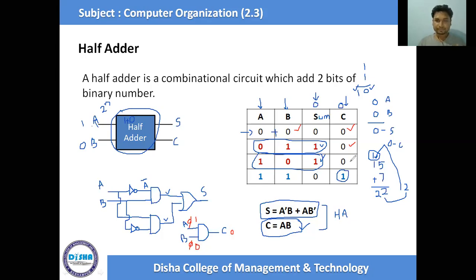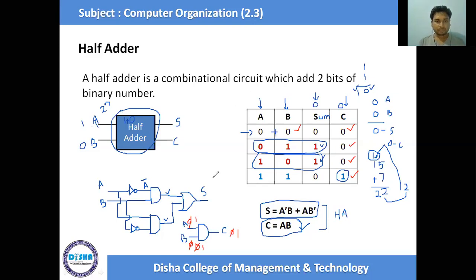But for the last input sequence, A equals 1 and B is 1, I will get the value C equals 1. So I prove that this circuit diagram works perfectly with the output when I supply the input values according to that input sequence.